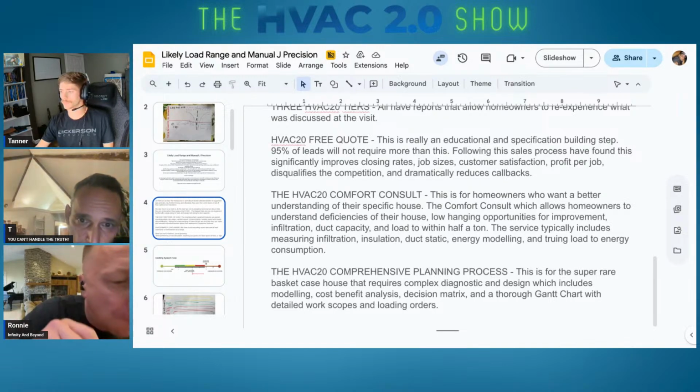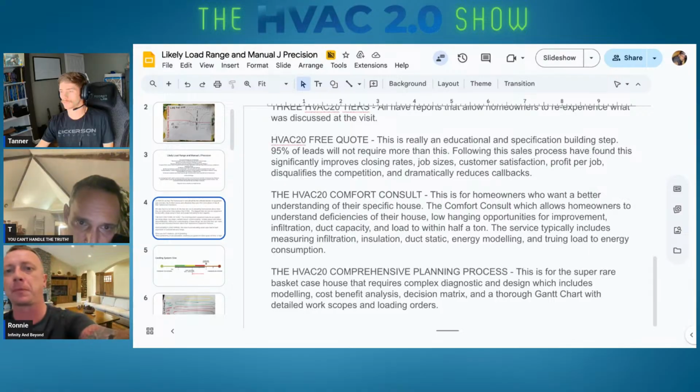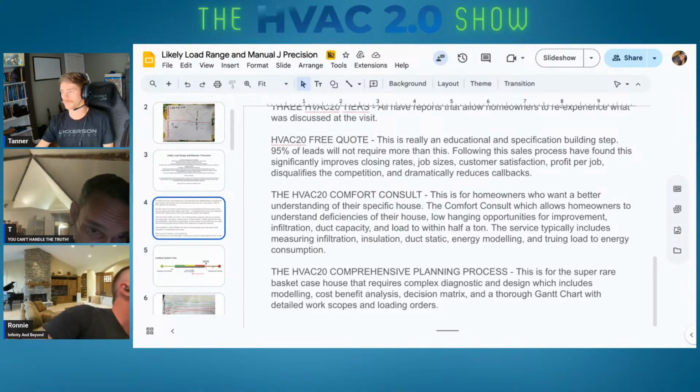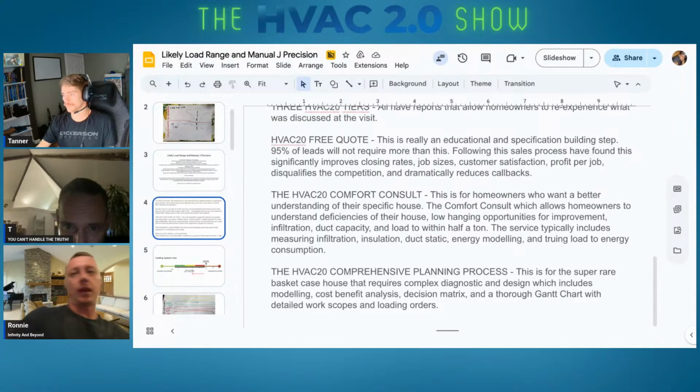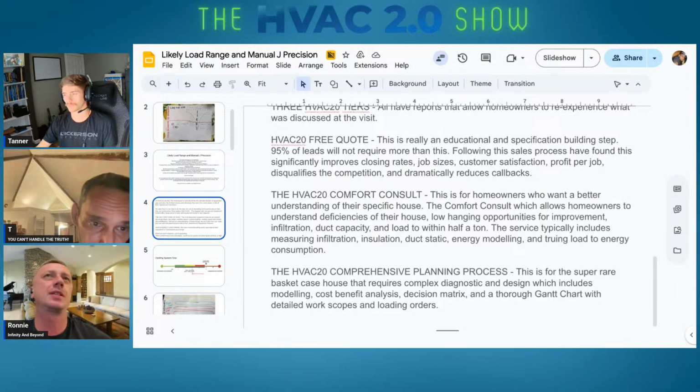This is for homeowners who want a better understanding of their specific house, as opposed to an average house. So the Comfort Consult allows homeowners to understand deficiencies of their house, low-hanging opportunities for improvement, infiltration, duct capacity, and load to within half a ton.